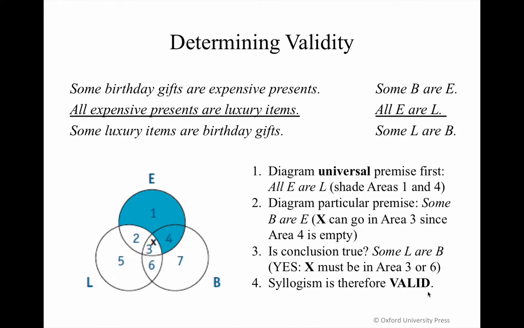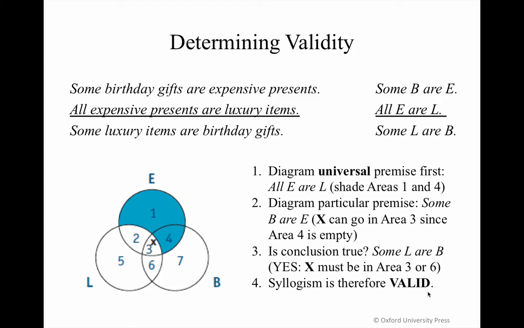Now let's take a look at another argument. This time we've got a different mood and figure. We have a particular affirmative, a universal affirmative, a particular affirmative, which means that our mood is I, A, I. The figure is 4. That's because the middle term, E, is in the predicate position and subject position of, respectively, the major and minor premises.